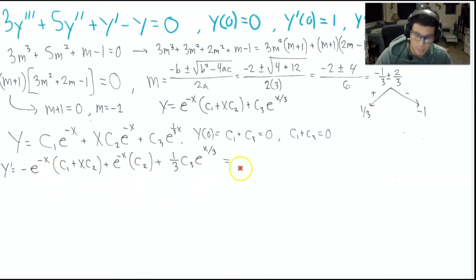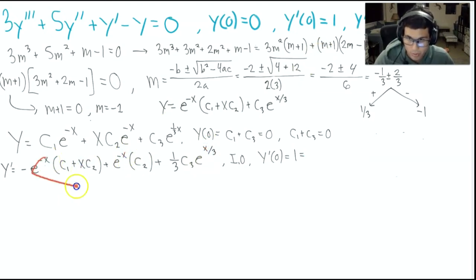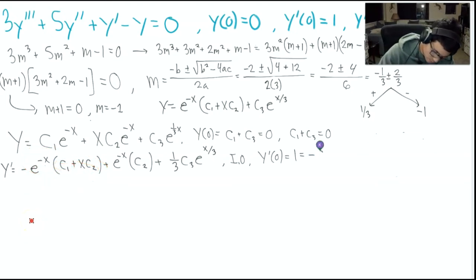Okay, if we apply initial conditions, so IC, initial conditions, what do they say? Well, they say y prime, and you put 0 in there, and you should equal 1. Okay, well, if we put 0 in here, 0 in here, 0 in here, 0 in here. If we put 0 into this part, what do we get? We just get negative C1.